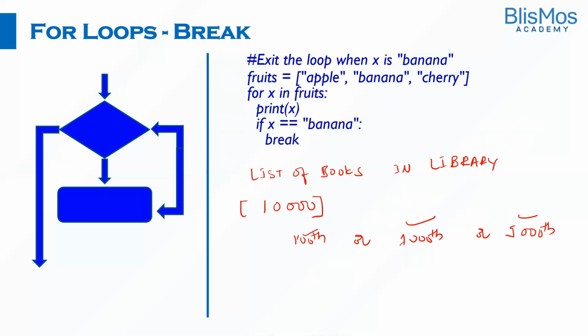The moment you find the book, the rest of the books don't matter to you at this point of time. That is when we use a combination of for and break. In this case, assuming that it is a list of books, and it is your favorite book, the moment it finds your favorite book, it breaks.